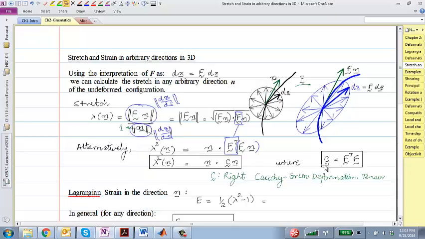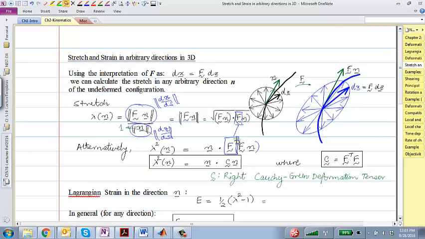F is definitely a field. F transpose F at a given point would give me C. At a different point, it would give me a different C. So C, this Cauchy-Green deformation tensor, is also a field. It of course differs from point to point because it depends on F, which itself is a field.